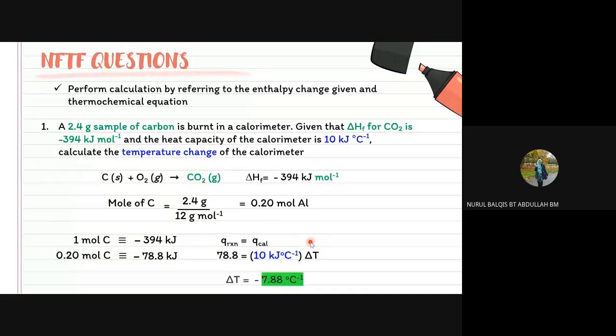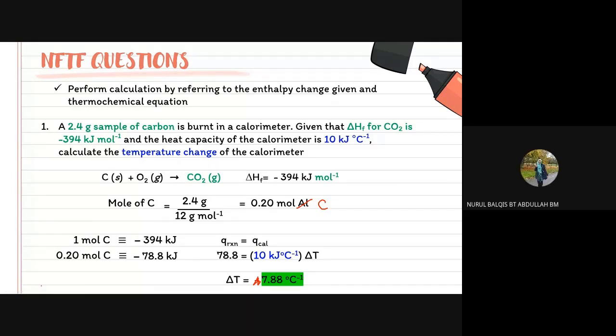And lastly, your delta T will be 7.88. The negative is gone because we already have the difference. The delta T is only 7.88.